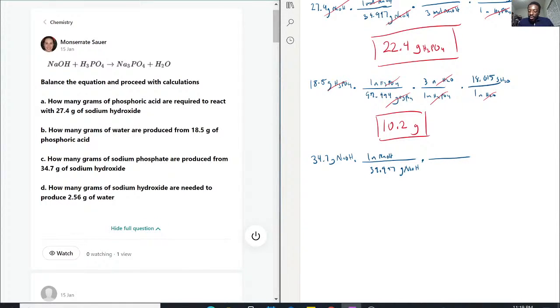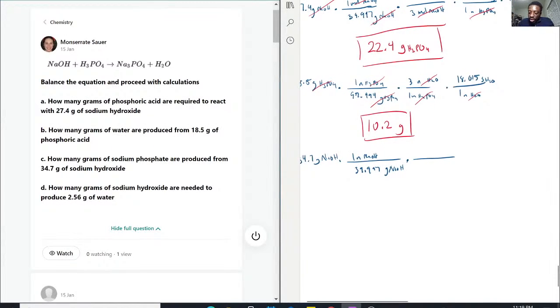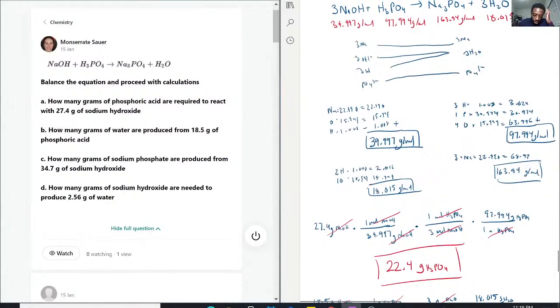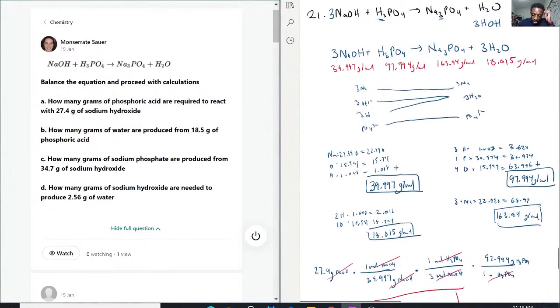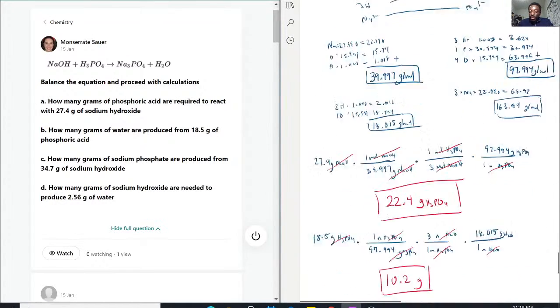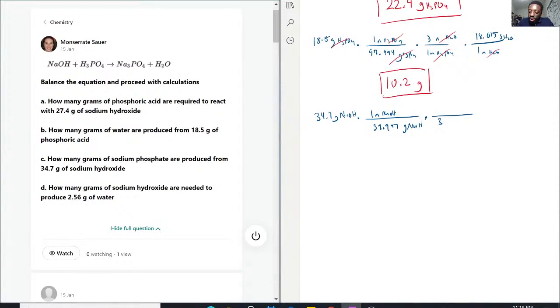Okay, and then we have, oh man, this just keeps on going. Because we want now from the sodium hydroxide to sodium phosphate, you have 3 to 1, okay? So for every 3 moles of NaOH, there's 1 mole of Na3PO4, which is sodium phosphate.